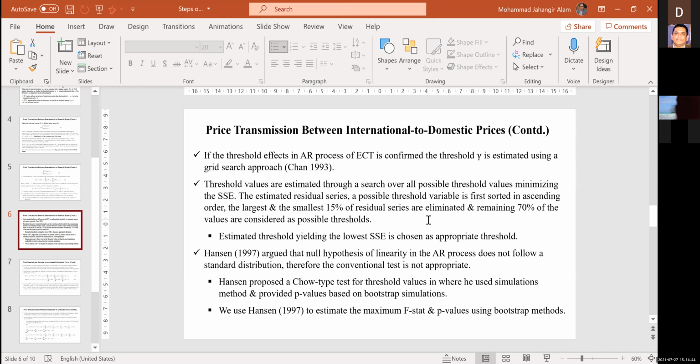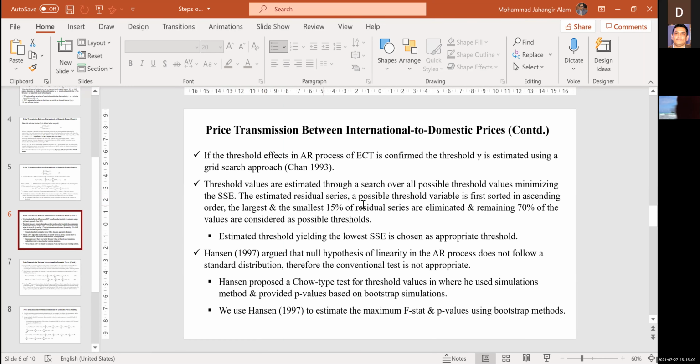Then you are searching for one value, that is the threshold value, and that will be used as a proxy of the transaction cost in theory, right? So how are you going to identify that threshold value? It's the value that minimizes the sum of square errors.